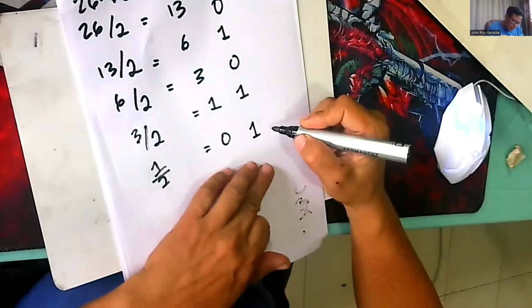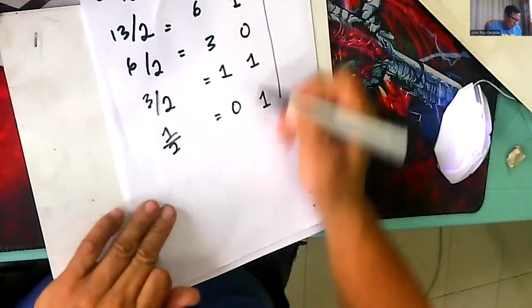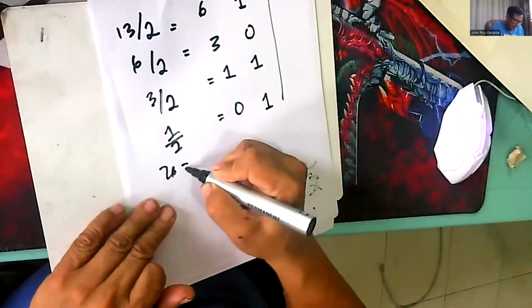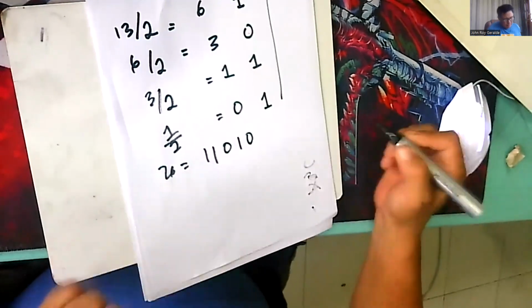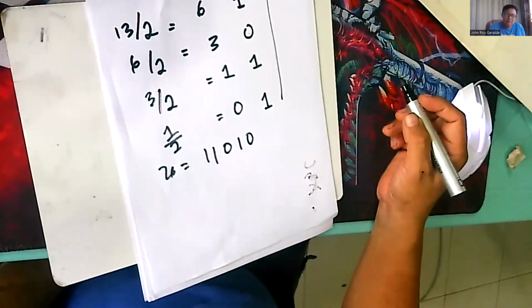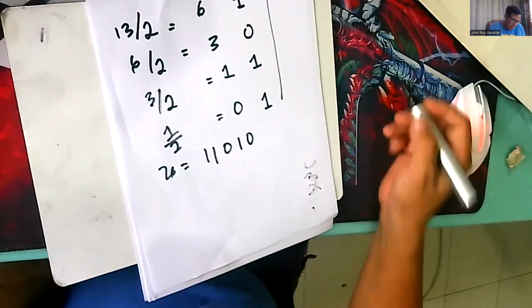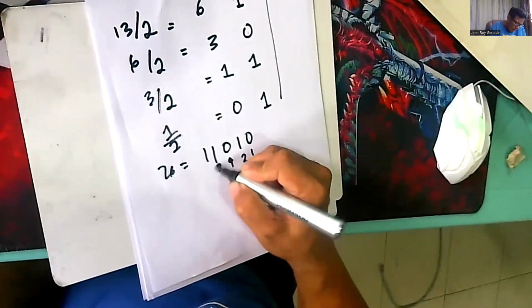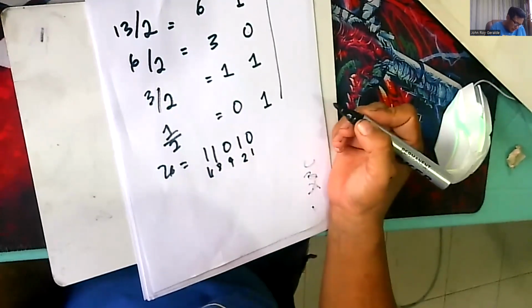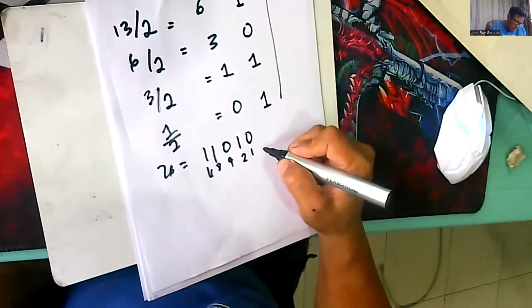Then we reverse this order, so 26 is 1, 1, 0, 1, 0. You follow? Is this correct? 1, 2, 4, 8, 16. 16 plus 8 is 24 plus 2. This is 26.